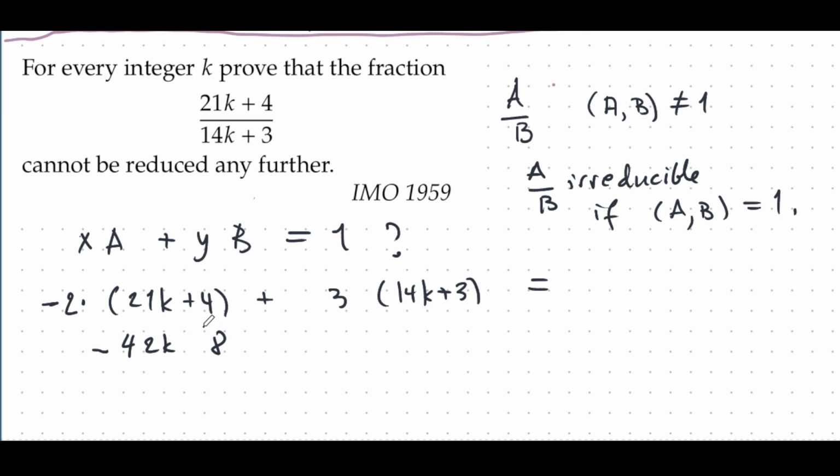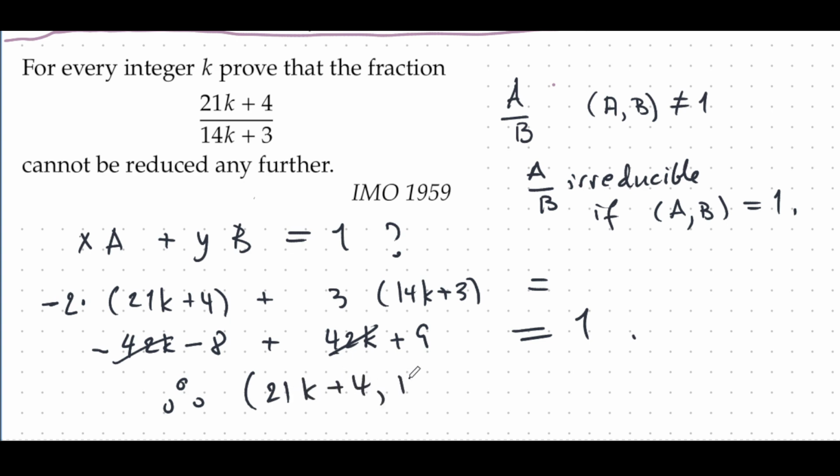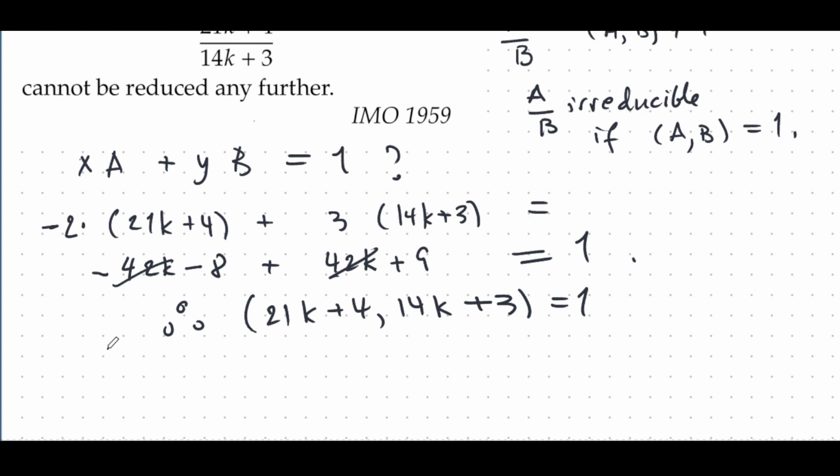So this minus and this minus, and 3 times 14 is 42K, and then 3 times 3 is 9. So this cancels with this. Oh boy, there we go. It's 1. Therefore the GCD of all these numbers, no matter what K is, is 1, and so the fraction cannot be reduced.